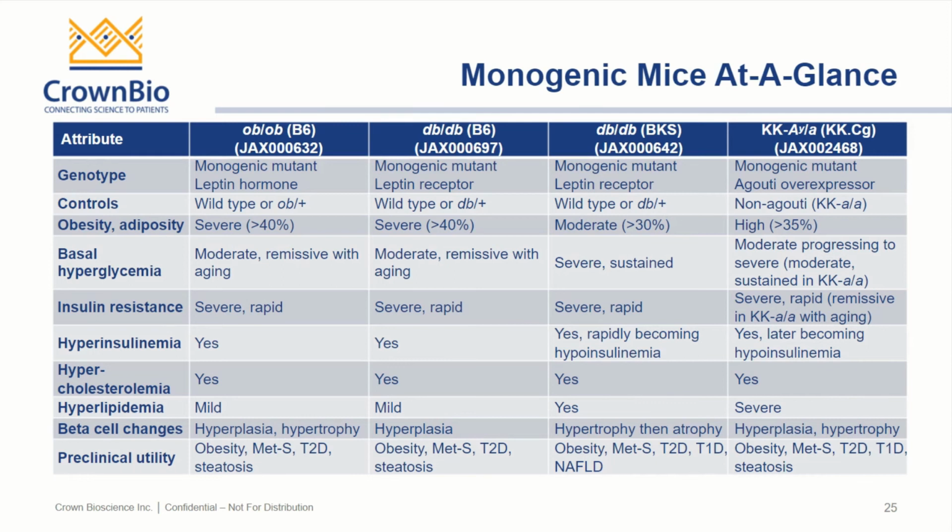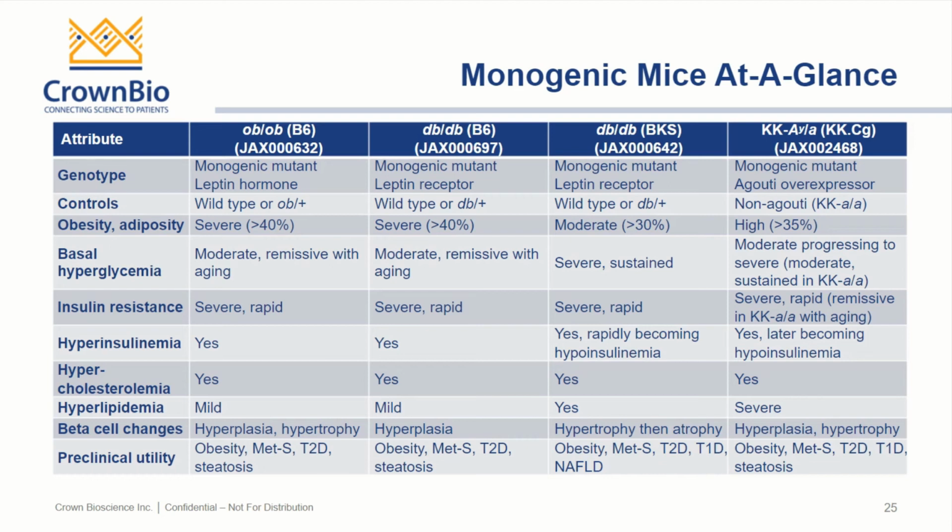This table summarizes monogenic mice at a glance. The OB and DB mice in the black 6 background are monogenic mutants for leptin signaling. Suitable controls include wild type or heterozygous animals. In their case, obesity is severe, achieving over 40% of body weight. Their basal hyperglycemia is moderate and remissive with aging, but their insulin resistance is severe and rapid.